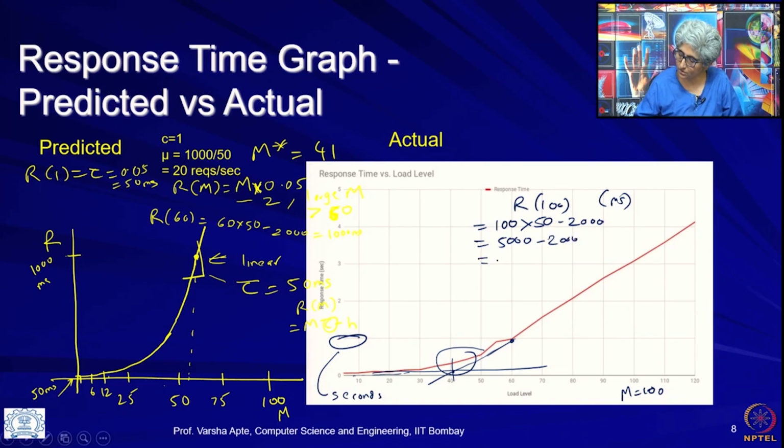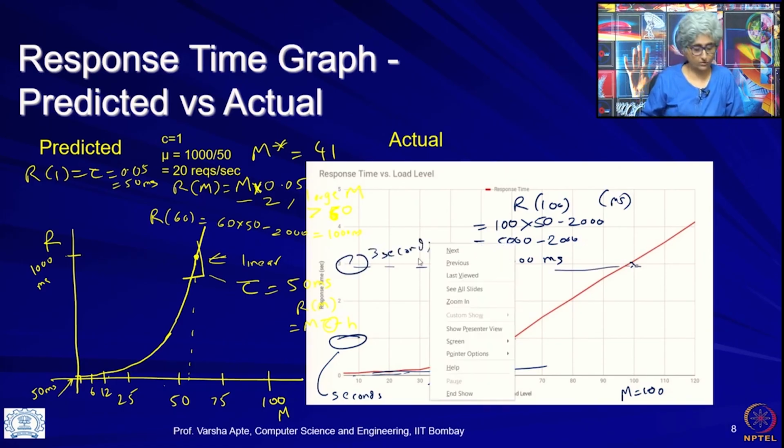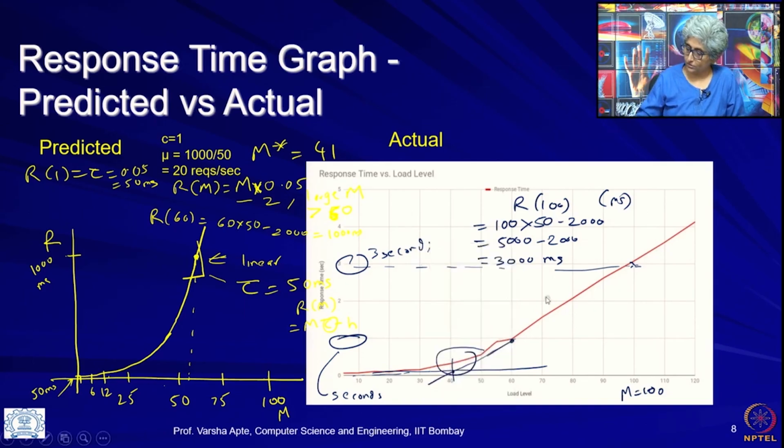So, this is 3000 milliseconds. So, let us see what it is here. So, yes, right. So, this is where we are finding. So, exactly 3 seconds is what we are getting in the measured value. Okay. So, really the theory that we learned for closed systems seems to be matching our measurement quite well.